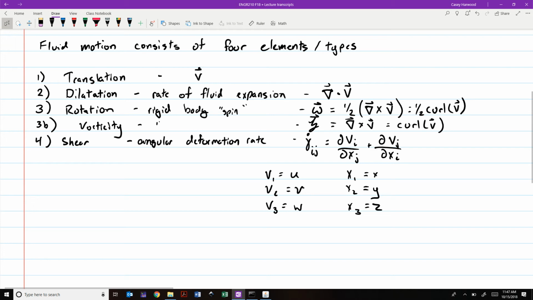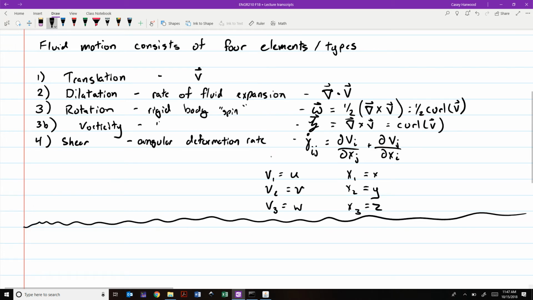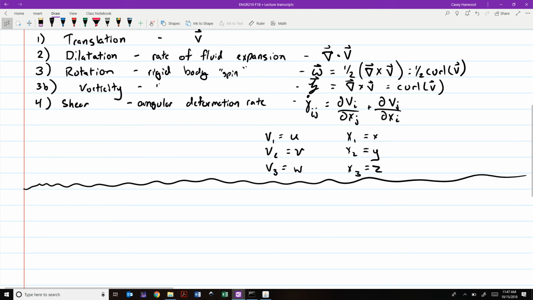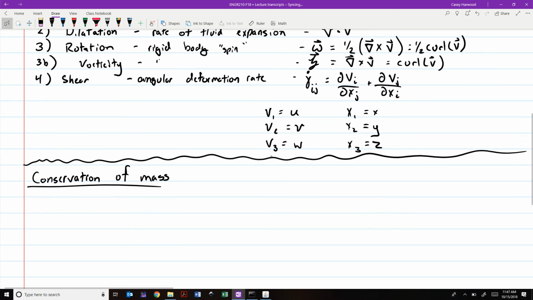So previously when we described the continuity equation, or conservation of mass, we applied this to a control volume, right?